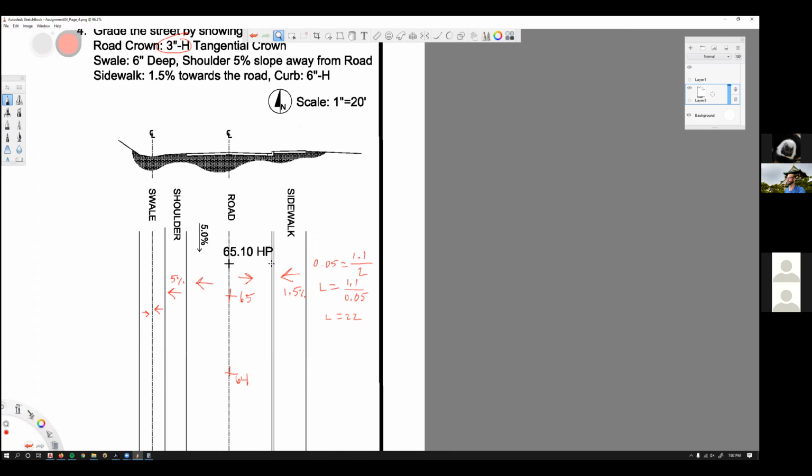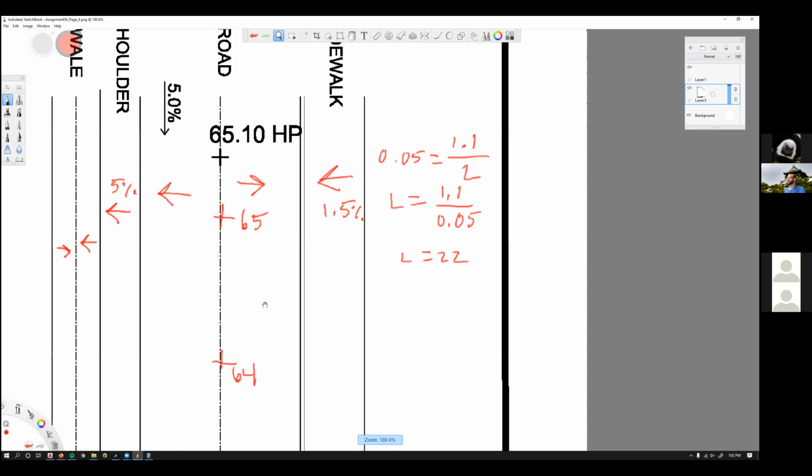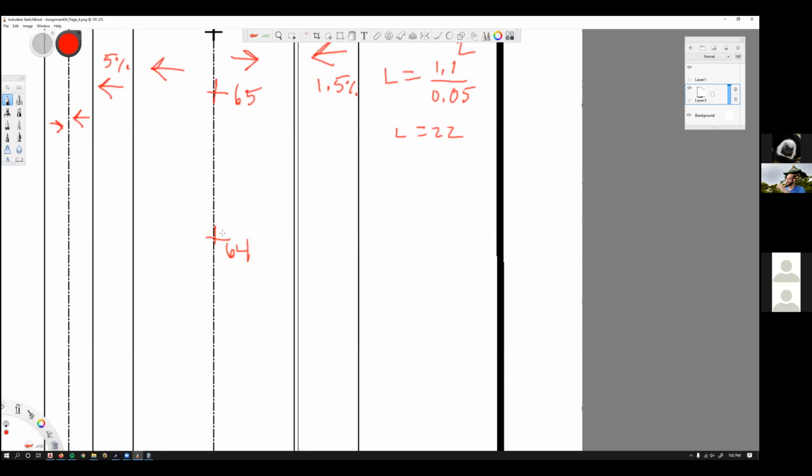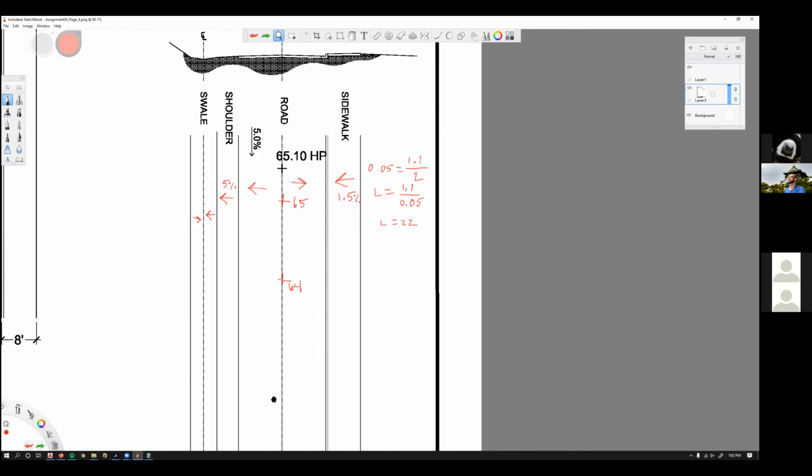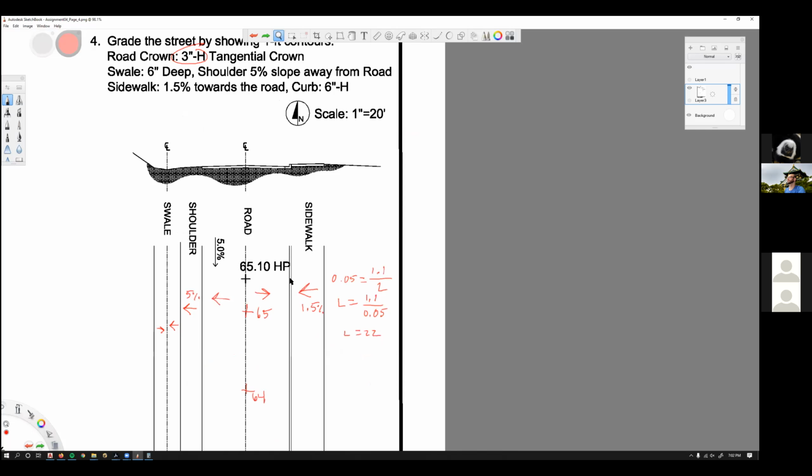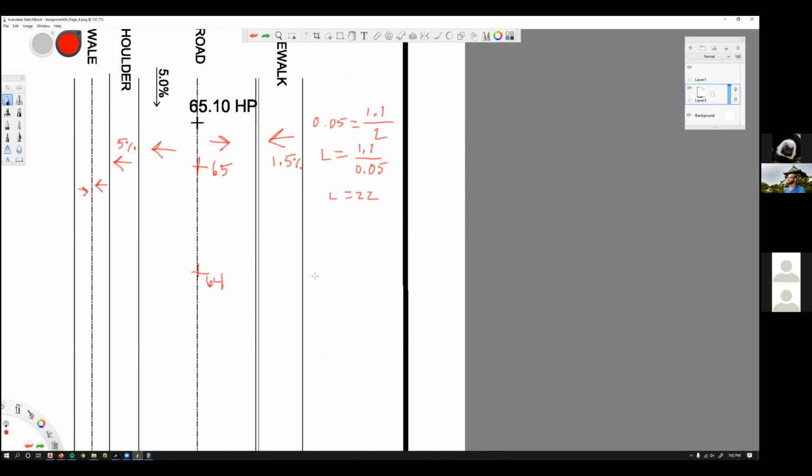Okay, so we're at our 64, and we already know the difference in elevation between these 2 points is 3 inches, from up there, so it's 0.25. So we're going to take our 5% slope equals our difference in elevation, which is 0.25, because we're turning those inches into feet, over L, right?